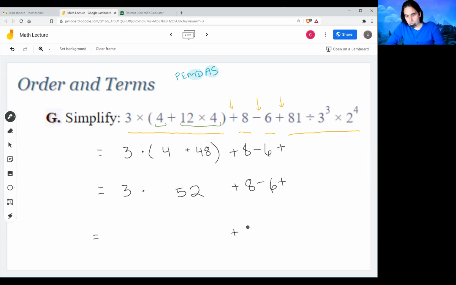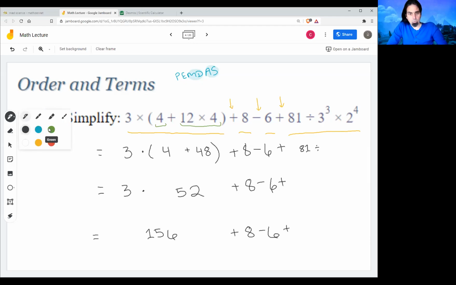Okay, we're almost done with that first term. 3 times 52. So what's 3 50s? 150, and then 3 2s is 6 more, so 156. Okay, and on the last term, 81 divided by 3 cubed times 2 to the 4th. Let's get rid of those exponents.